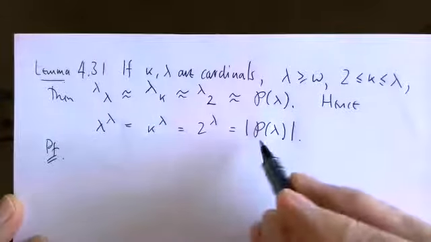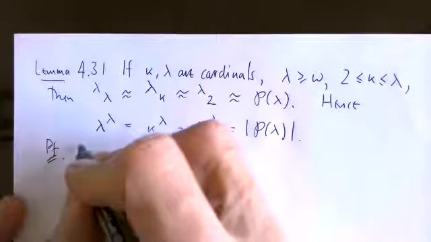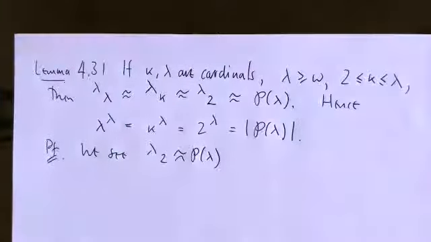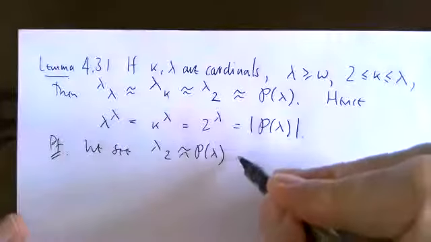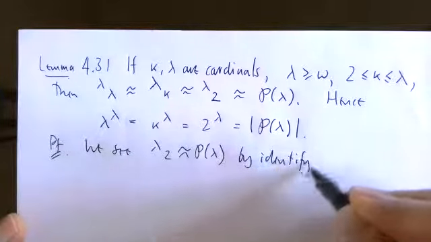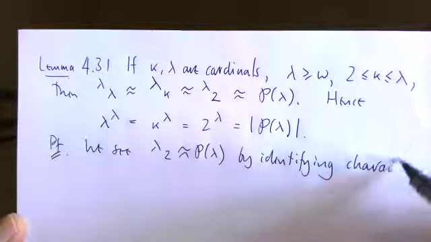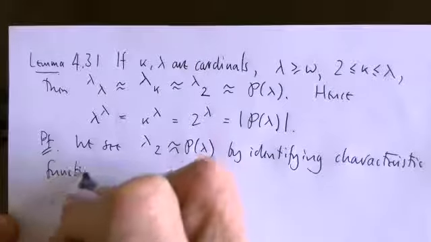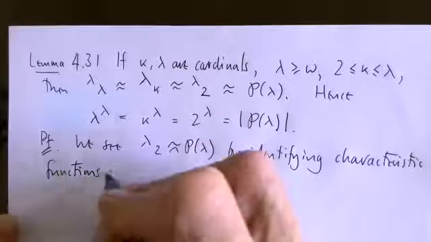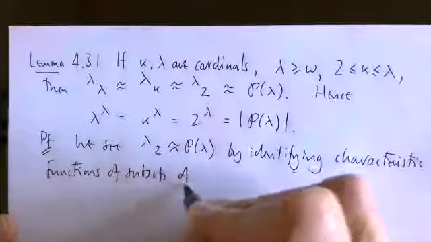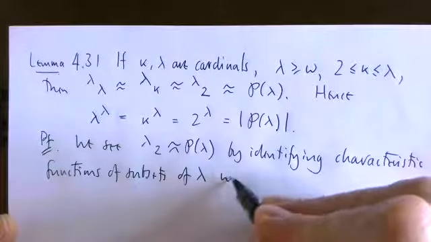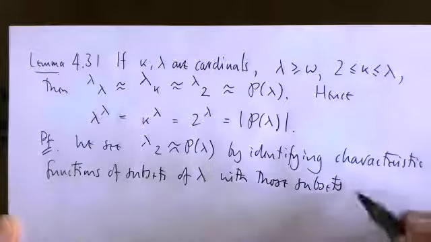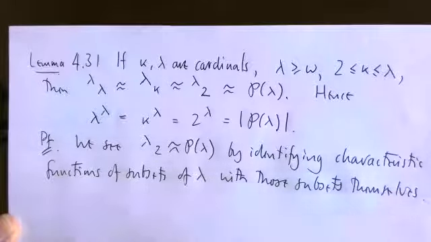Now, the twist at the end here is given by characteristic functions for subsets of lambda, with those subsets themselves.